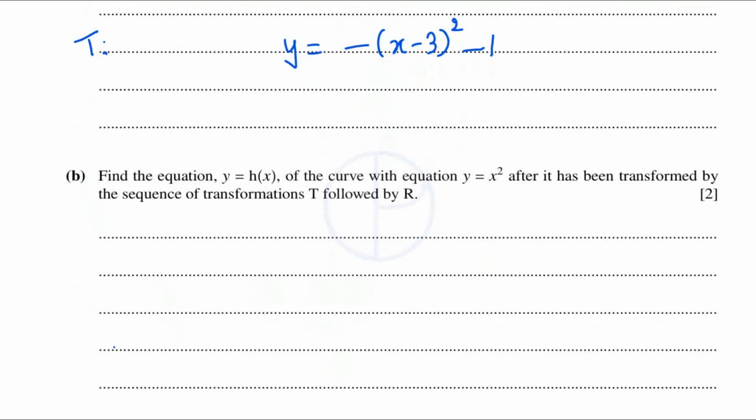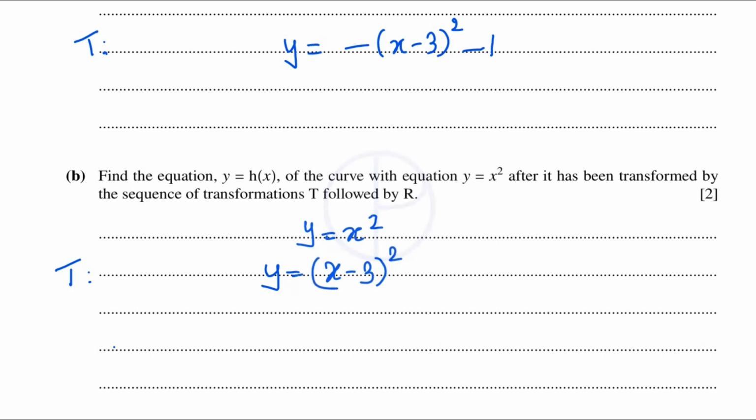Then the B part of the question is: find the equation y = h(x) of the curve with the equation y = x² after it has been transformed by the sequence of transformations T followed by R. So first transformation applied here is T. And again the equation of the curve is y = x². So translation along the x-axis by the factor 3, so x will be replaced by x - 3, the whole square.